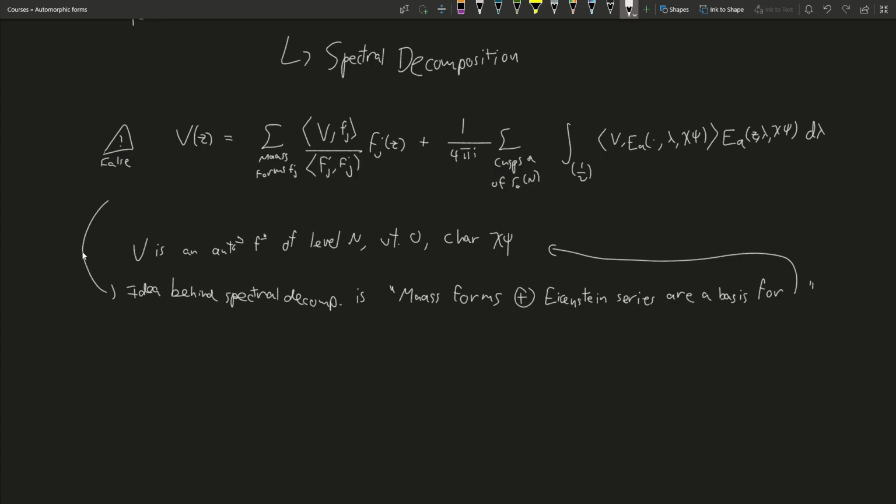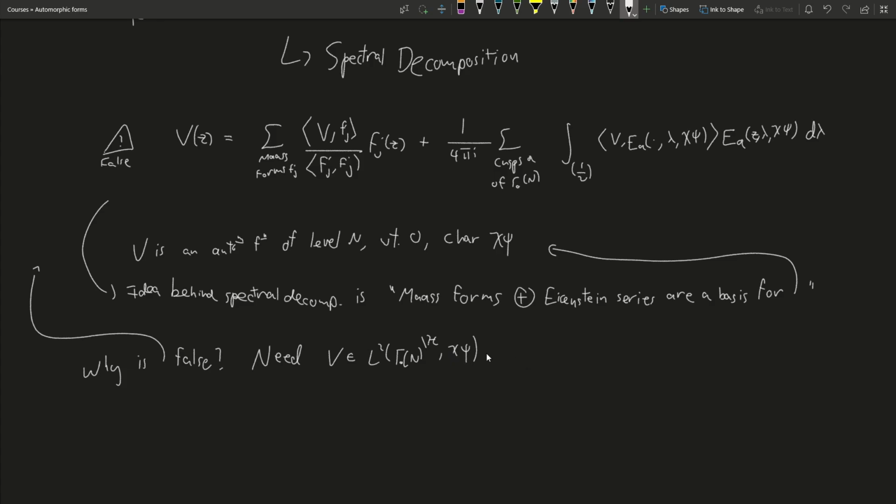So why is the above false? And the answer is that to do this, you need v to be square integrable, as an element of the upper half plane mod gamma naught n, but with character chi psi.